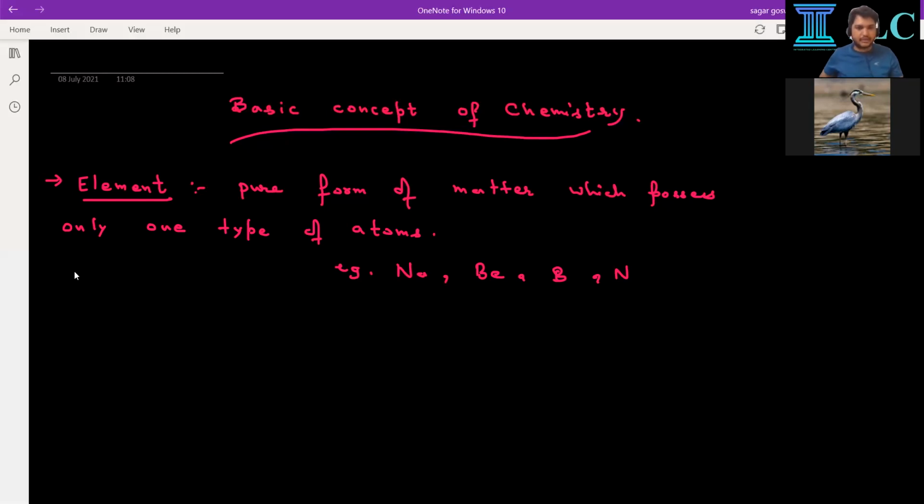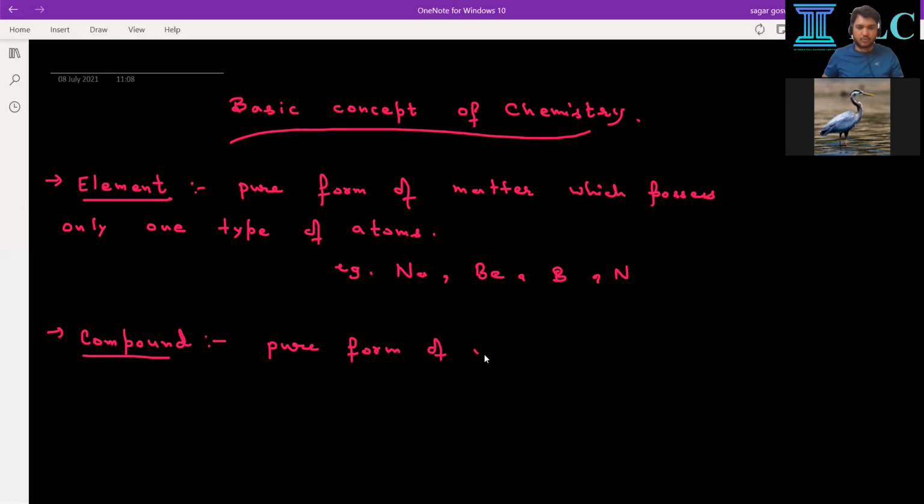Now, if I talk about compounds, obviously you know that when two or more elements combine in a fixed ratio, it is known as a compound. So it is also a pure form of matter, but it does not contain only one element, it contains more than one.